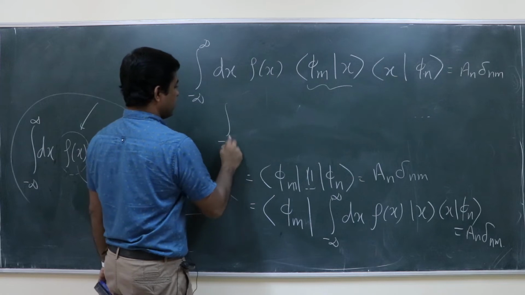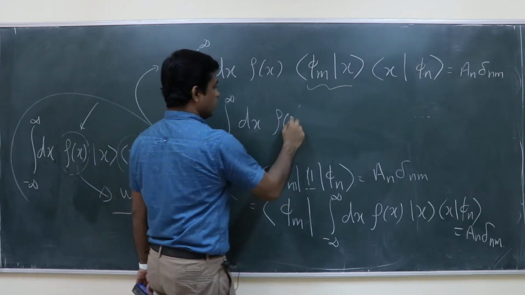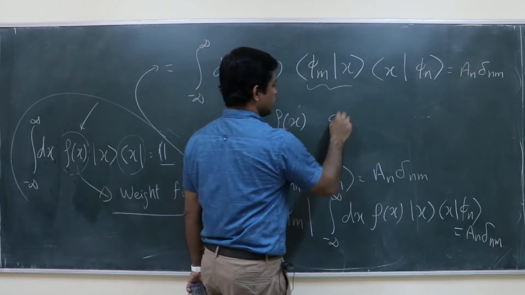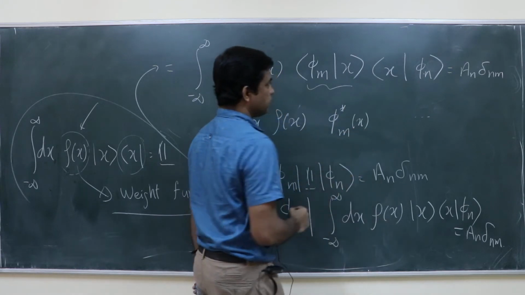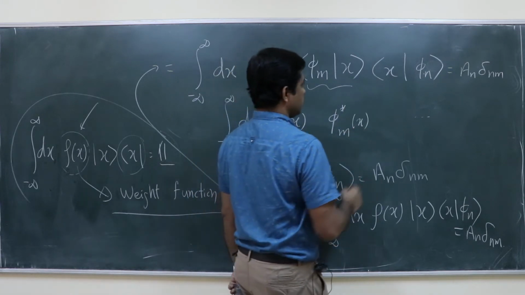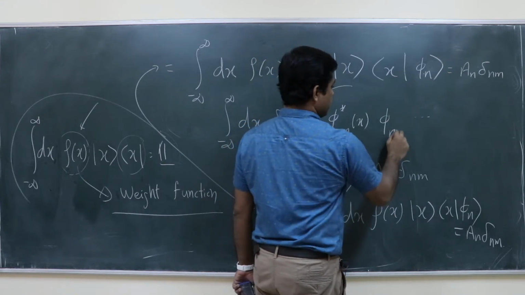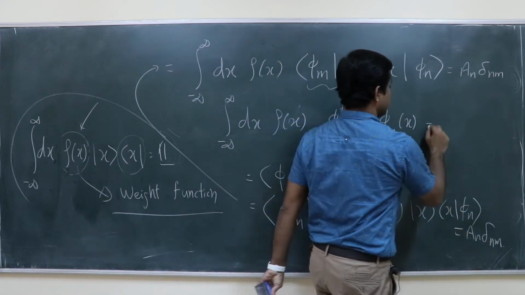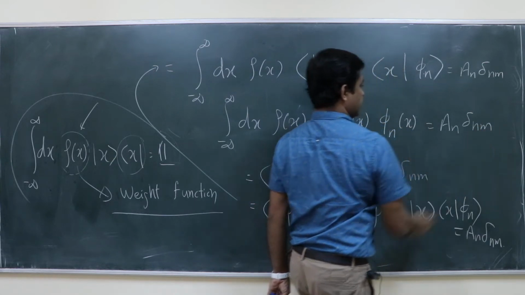So this is equal to integral minus infinity to infinity dx rho of x phi star m of x, and bra x phi n is phi n of x, which is equal to a n delta n m.